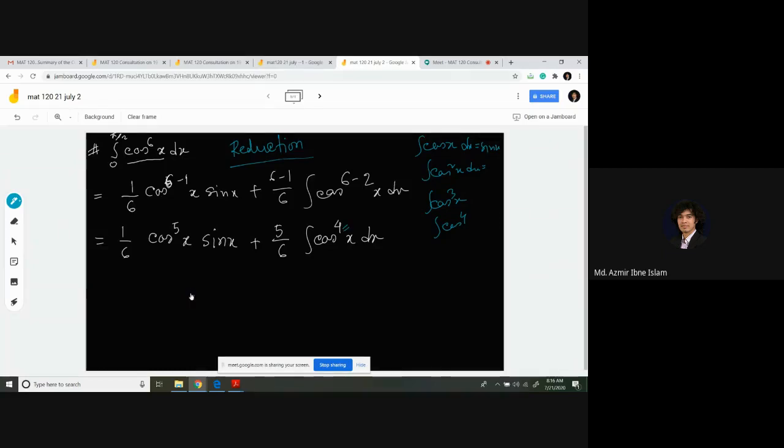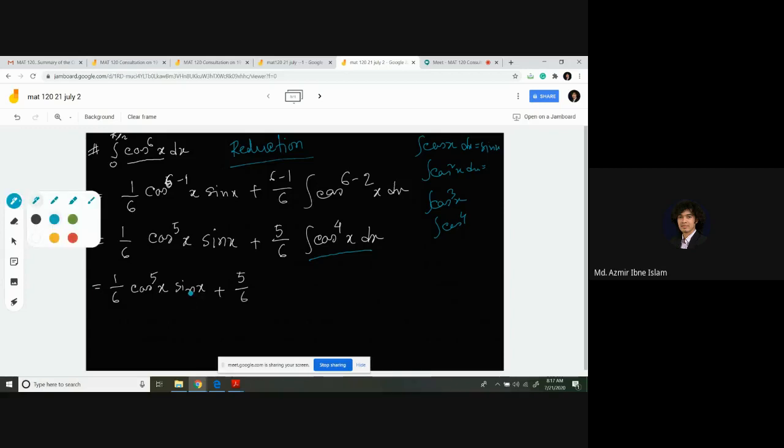Is that okay? Yes. So now again we can apply the same technique for this part. Our target is to find the antiderivative or answer of the integration. So the same concept will be applied here, but what is the value of n this time? 4, sir. This time n is 4.